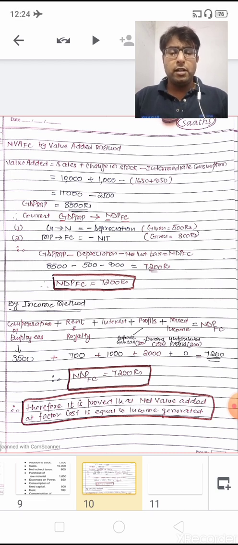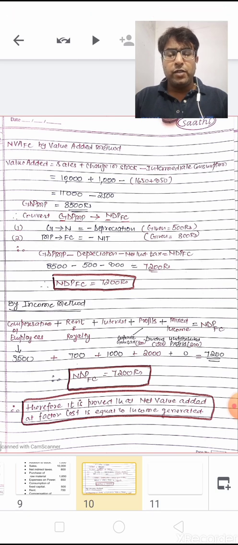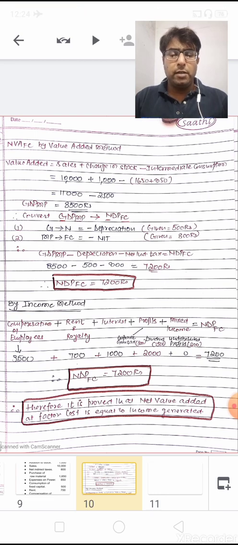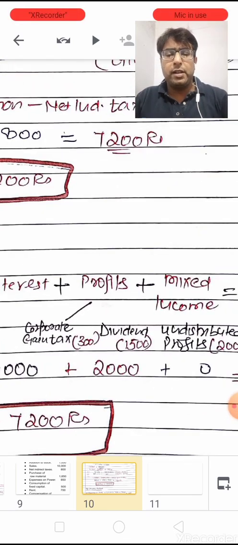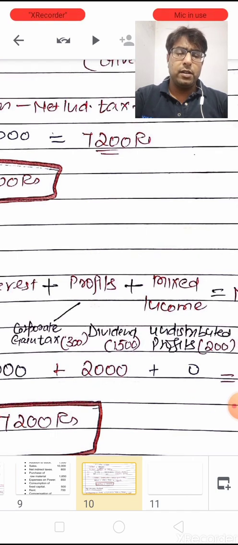Now children, here compensation of employees is given as 3,500, whereas rent and royalty is 700, interest is 1,000, but the profit is not given, though its subheads are given. Instead of profit, corporate gain tax is given as 300, and dividend is 1,500, and undistributed profit is 200.